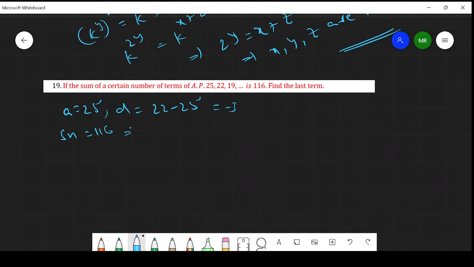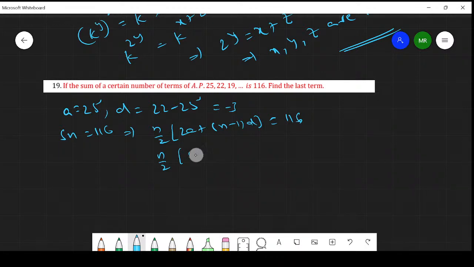We know the formula. What is Sn? n by 2 into 2a plus n minus 1 into d equal to 116. The sum is given, and you should find what the n value is. So n by 2, 2a will be 50, right?